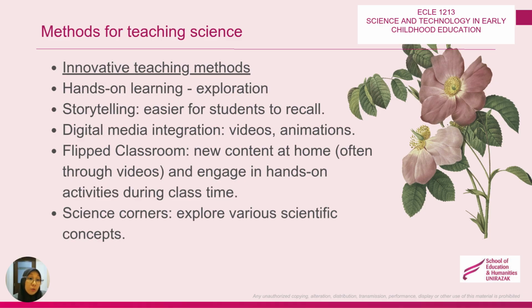In order to teach science, you may also create a science corner in the classroom, which can allow the students to explore various scientific concepts at their own pace. This method can also make learning science an exciting adventure for their young minds.